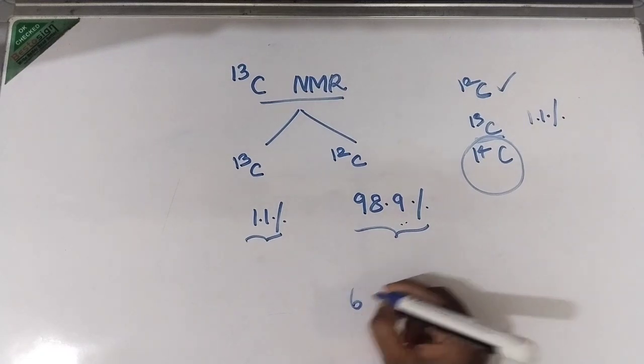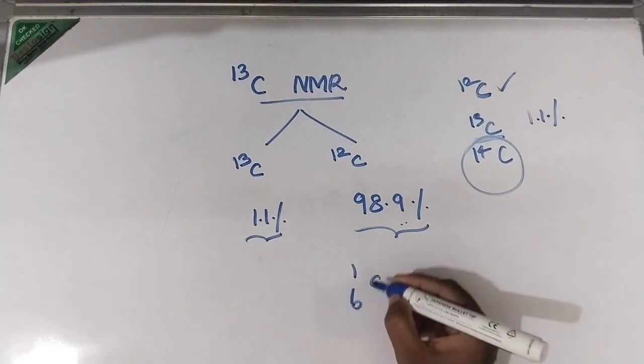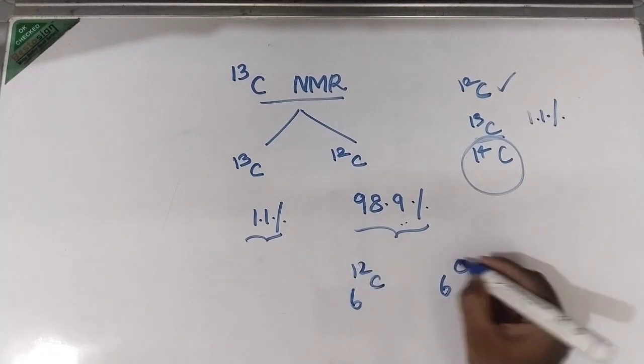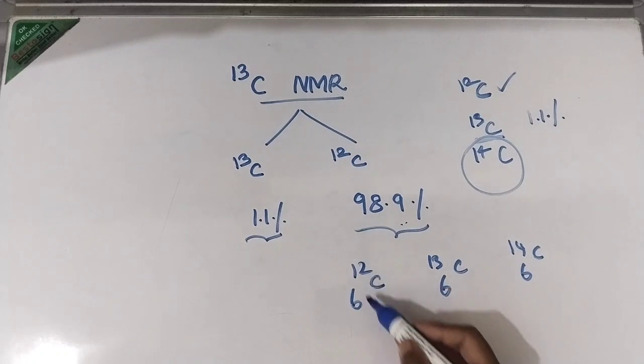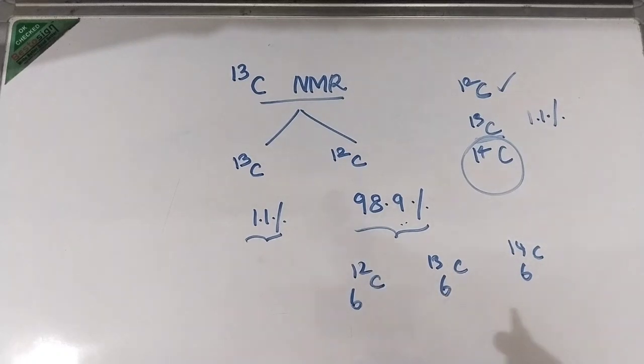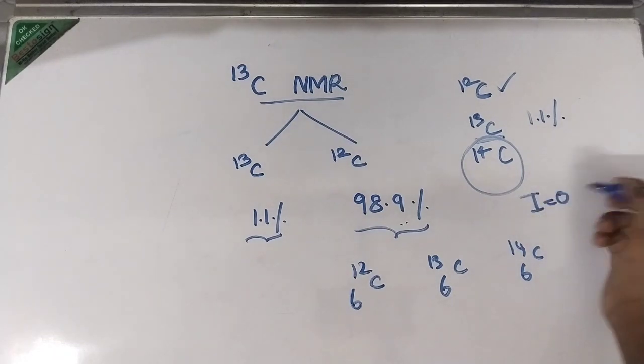It is very simple. In the first video I told you the rule, right? What's the rule? If both the atomic number and mass number are even, then that particular nucleus will be NMR inactive. The I value will be 0 for that species.